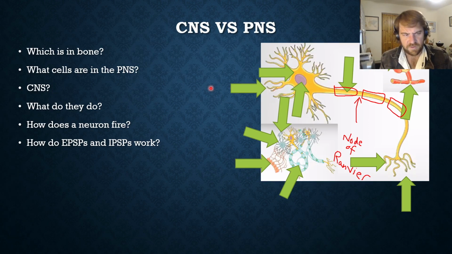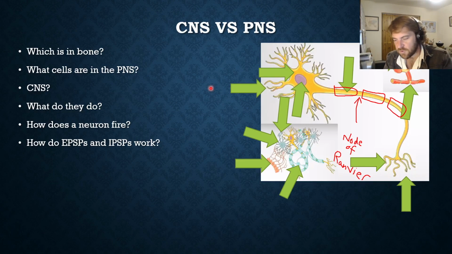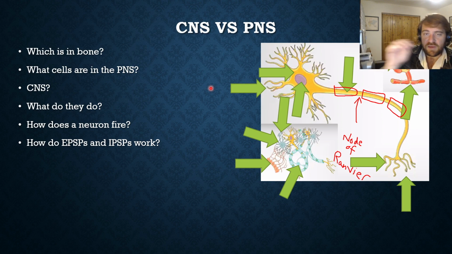If you have a bunch of EPSPs, just the tiniest change in whatever the cell is looking for is going to make it fire. Let's think about this in terms of hearing. If you are listening for something, you're directing a lot of attention to your auditory system. You're really listening for a sound. That's putting some EPSP into the neurons in your brain in the auditory cortex. They're going to fire more readily. If you know about the region of frequency that you're listening to, that can help even more.